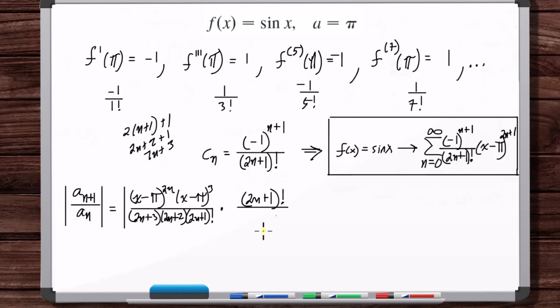So x minus pi to the 2n, x minus pi to the first. There we go. Okay, so 2n plus 3.